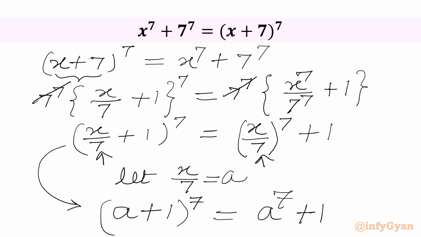Now we will use binomial expansion for the LHS. So I will write our equation (a + 1)^7 = a^7 + 1.